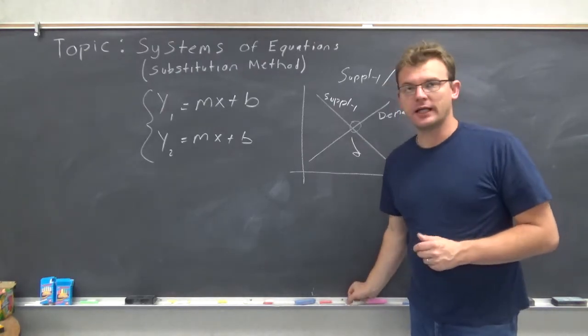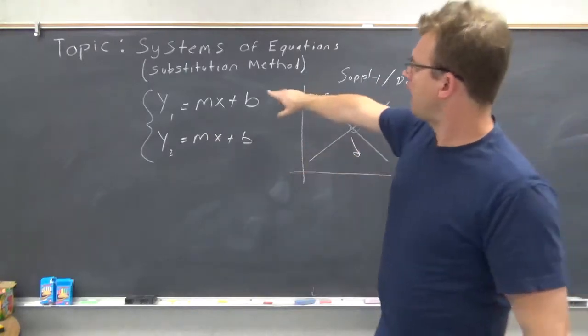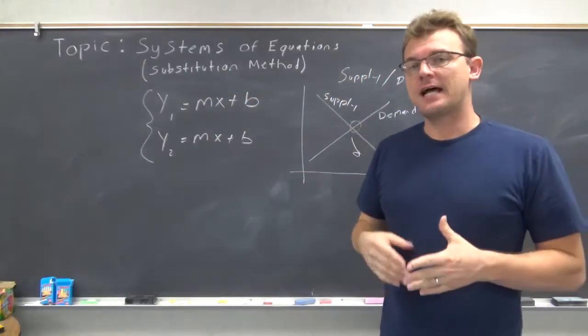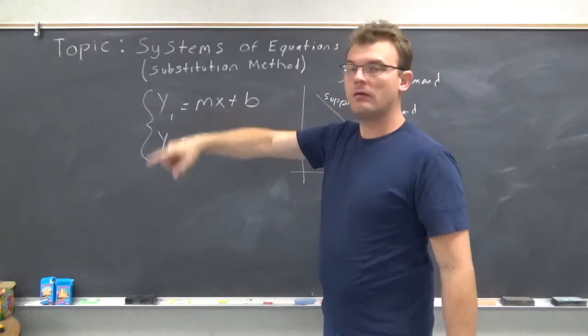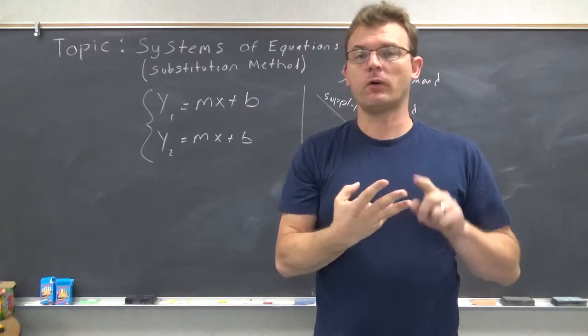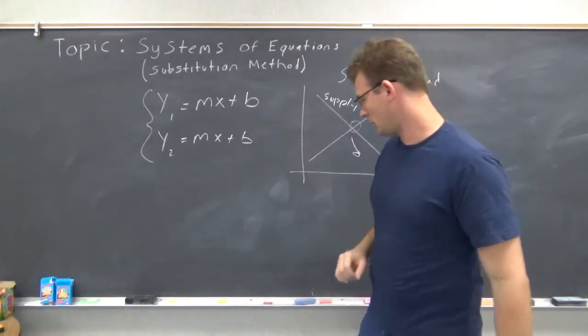So that's kind of what we're looking at with our systems of equations. And there's a lot more examples. But I want to focus on the substitution method for now, because this has pretty much three parts: the substitution, the elimination or addition, and graphing. And we're going to look at all three. But let's work on substitution real quick.